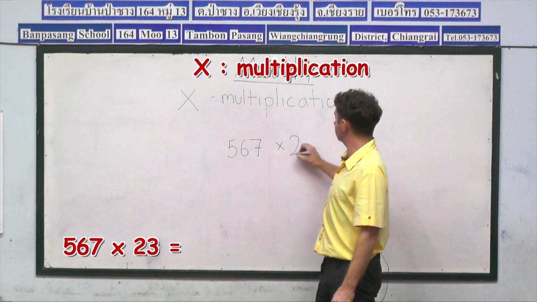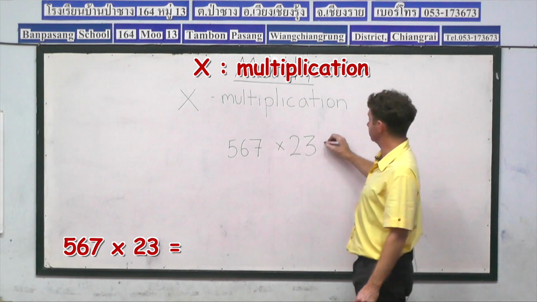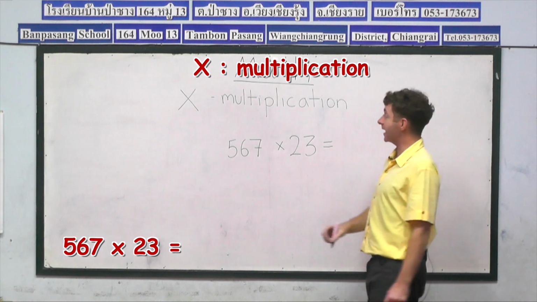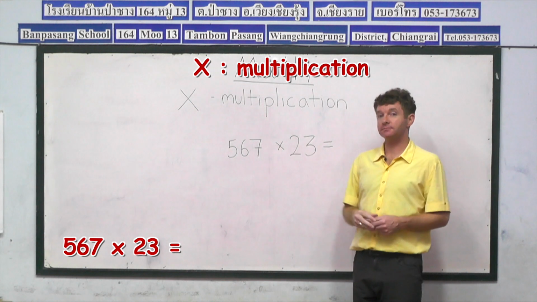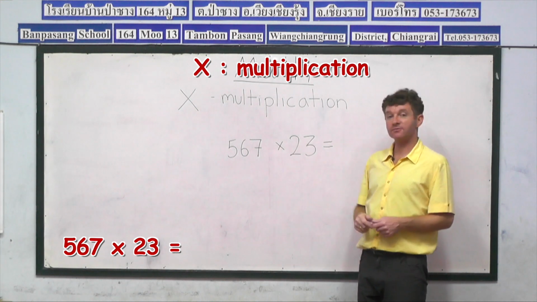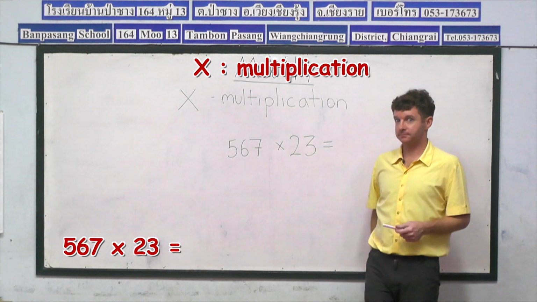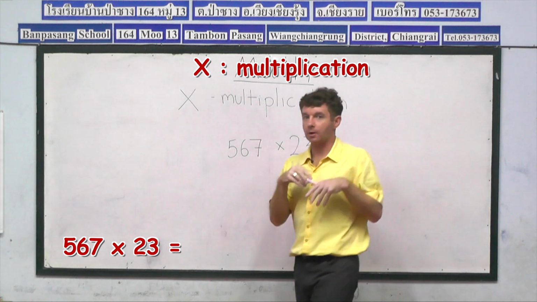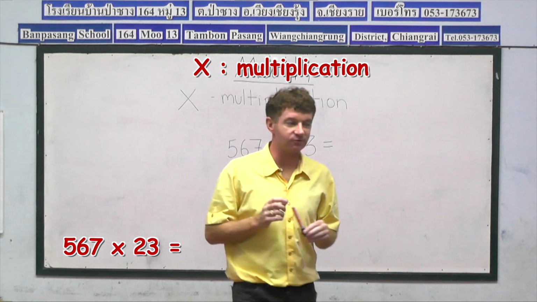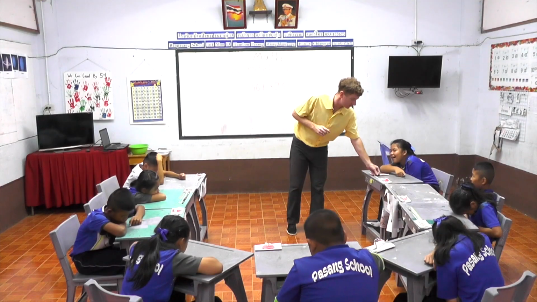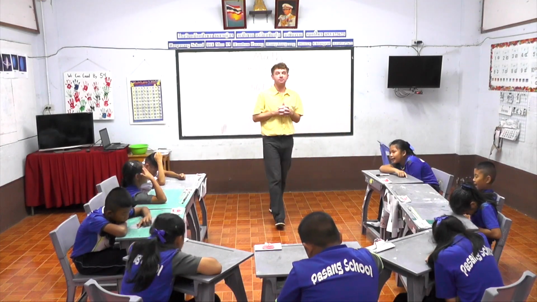Multiplied by 23. So altogether, 567 times 23. So now my students will close their eyes and let's see who can come forward and demonstrate how to answer this multiplication problem.